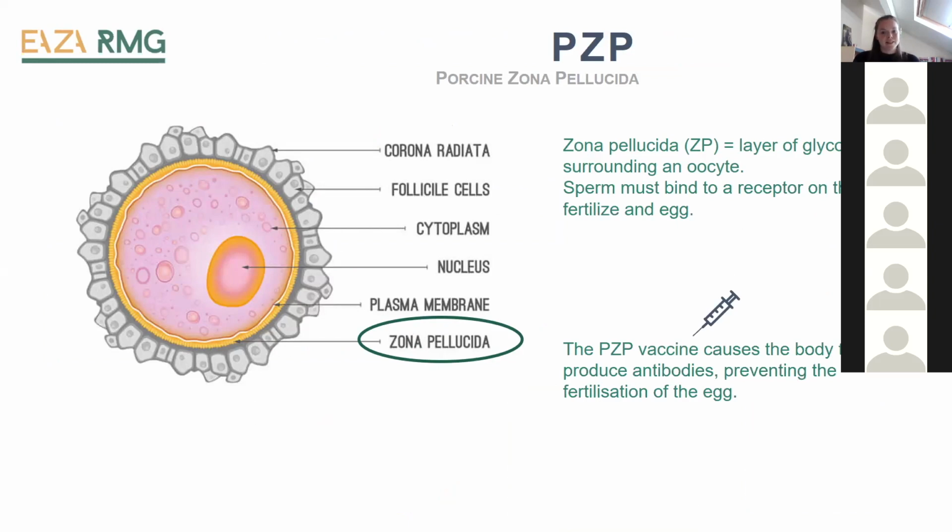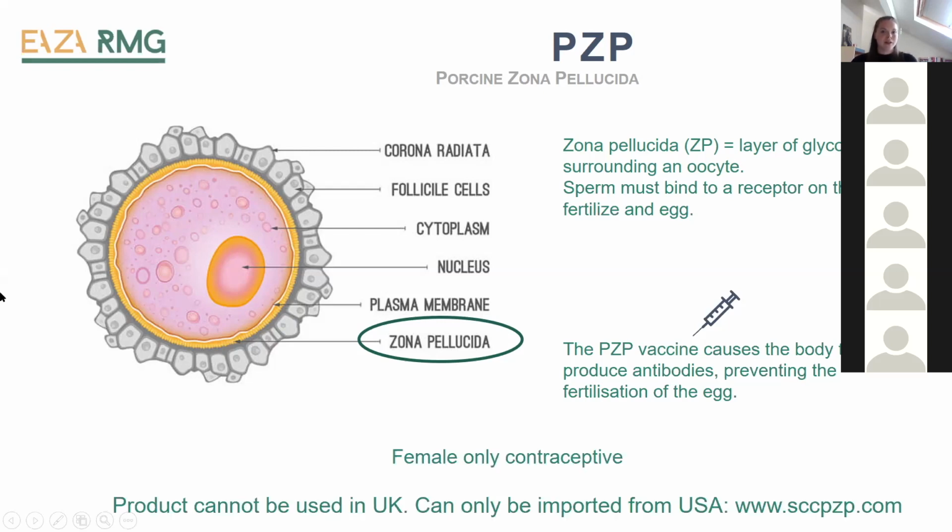The PZP vaccine is only effective in females because the zona pellucida is only found on an oocyte, and it causes the body to produce antibodies preventing the fertilization of the egg. This product is not used in the UK, it can't be imported for use in the UK, and it can only be imported from the USA, from the Science and Conservation Centre in the States.